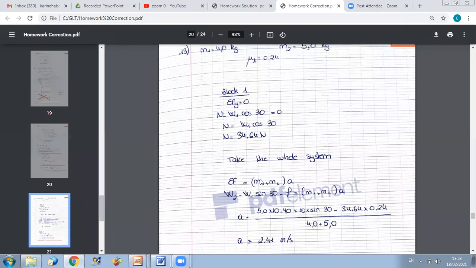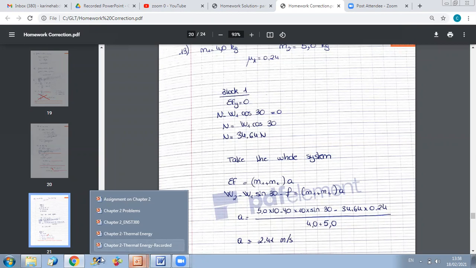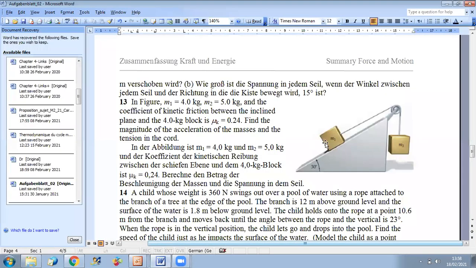Now of course here we have to pay attention that if you look at the figure, if we use the UT method, we have M2 is 5, M1 is 4. So UT will be like this. So at this level, this is UT.